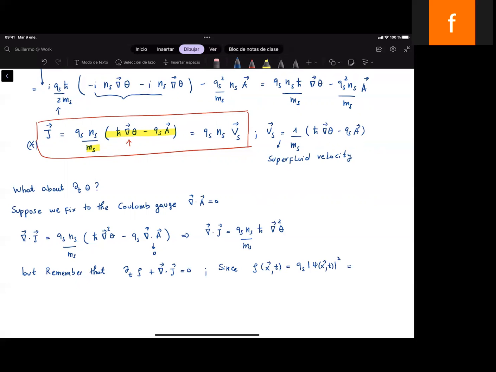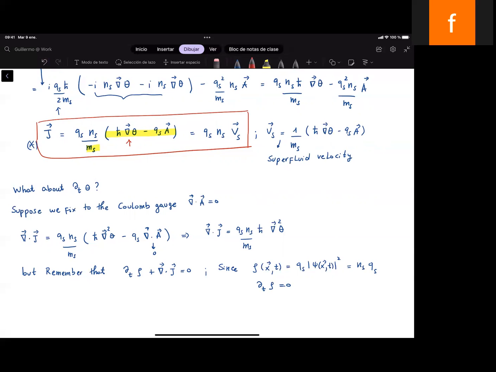So this modulus squared should have no time dependence and no space dependence. So if I take the derivative of rho, this is 0, under the approximation we have in mind.